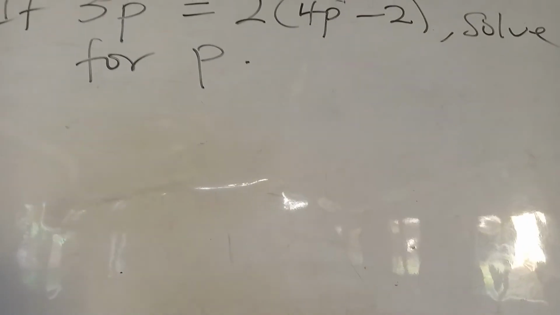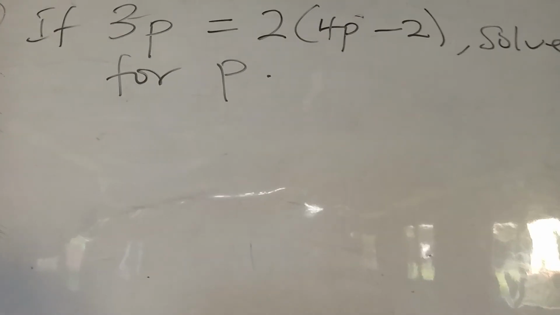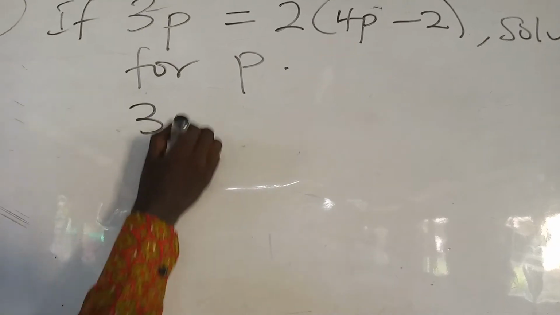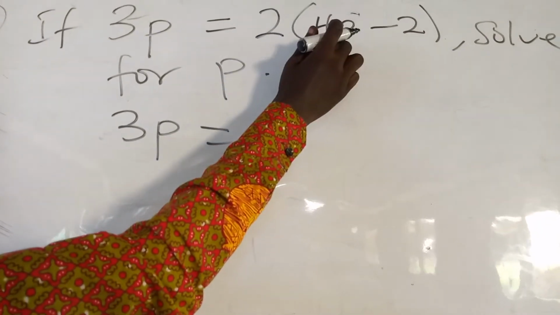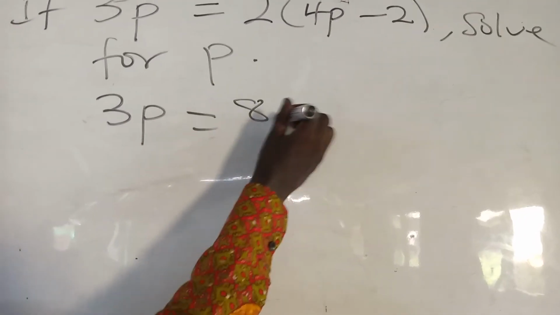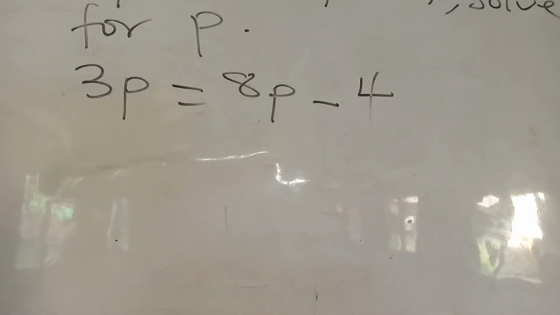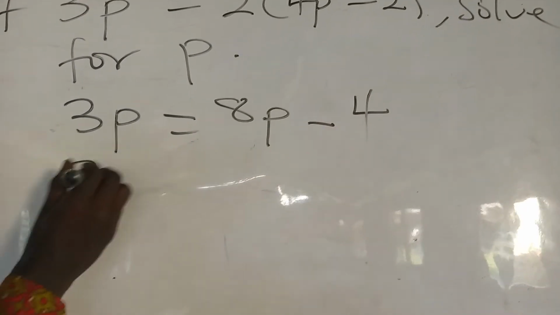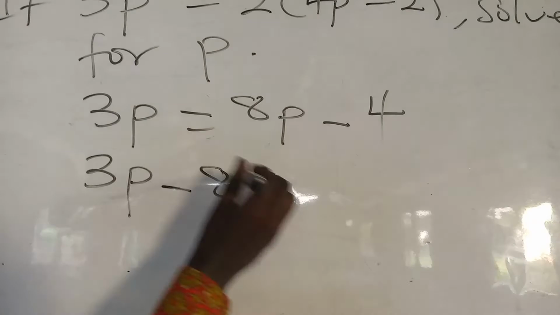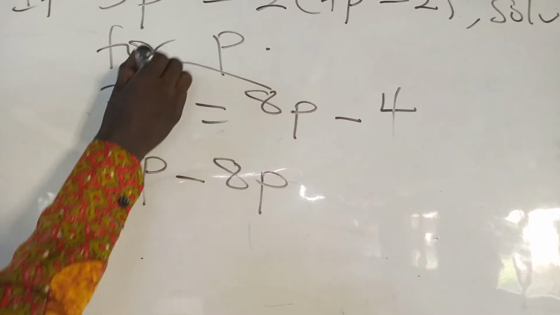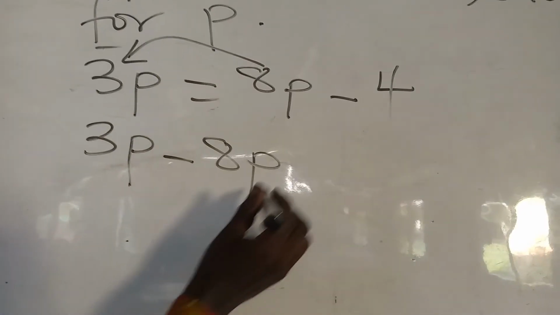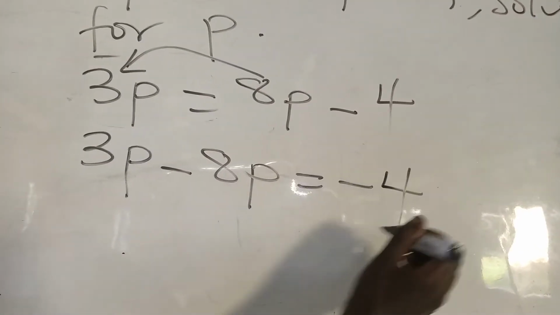So we remove our brackets. It becomes 2 times 4p, we are getting 8p, minus 2 times 2, we are getting 4. So we group like terms. 3p minus 8p. Once this crosses the equal sign, it becomes negative, equal to negative 4.